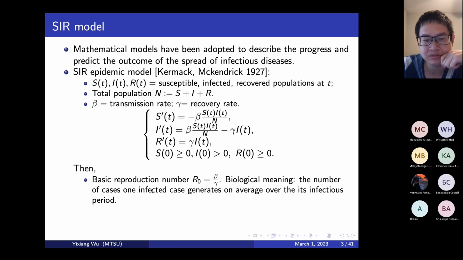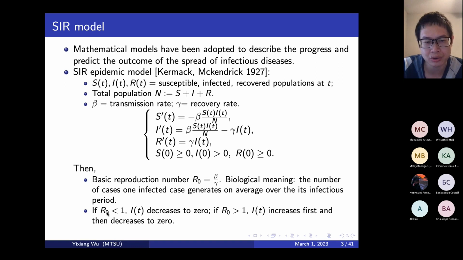Firstly, we can define a number called the basic reproduction number R0, which is beta over gamma. Biologically, this number represents the number of cases one infected case generates on average over the infectious period.